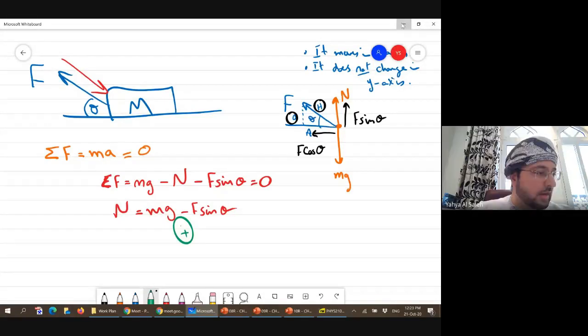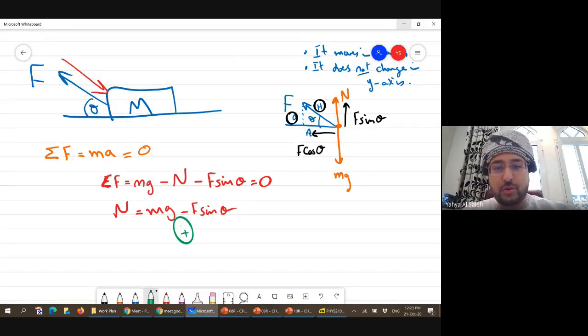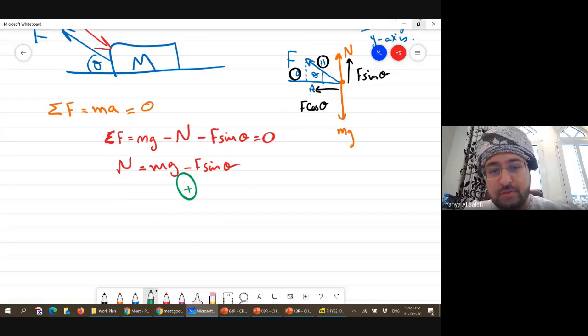Okay. I have minus because it's in the opposite direction. The directions are opposite. Remember, forces are vectors, so directions are very, very important. Okay. Azan, if you want the normal to be positive, then your mg will be negative. It's not an issue. So if I want my normal to be positive, that's fine.